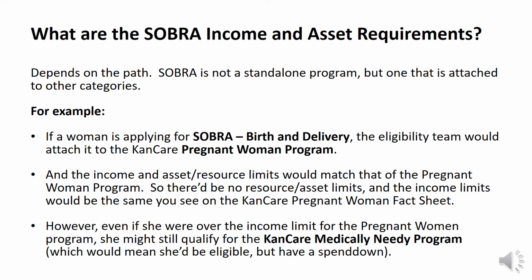And the income and asset resource limits would match that of the Pregnant Women program. So there'd be no resources and asset limit tests for the pregnancy program, so there wouldn't be one for SOBRA either. And then the income limits would be the same that you see on the KanCare Pregnant Women program, the same ones we saw on the fact sheet in a previous lesson.